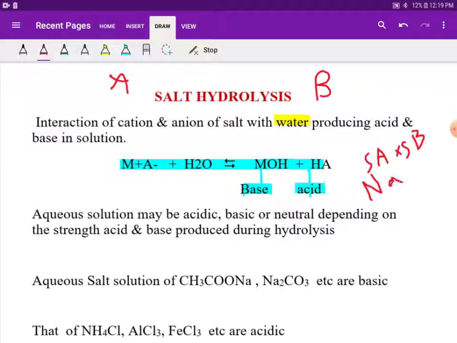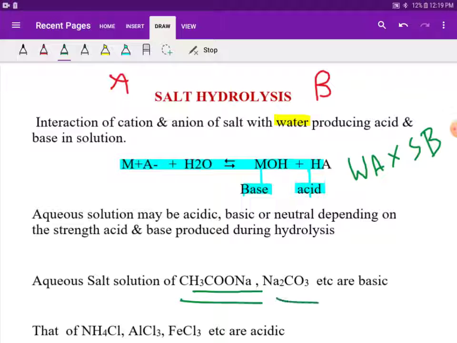Second is the salt of a weak acid and a strong base, like sodium acetate and sodium carbonate.